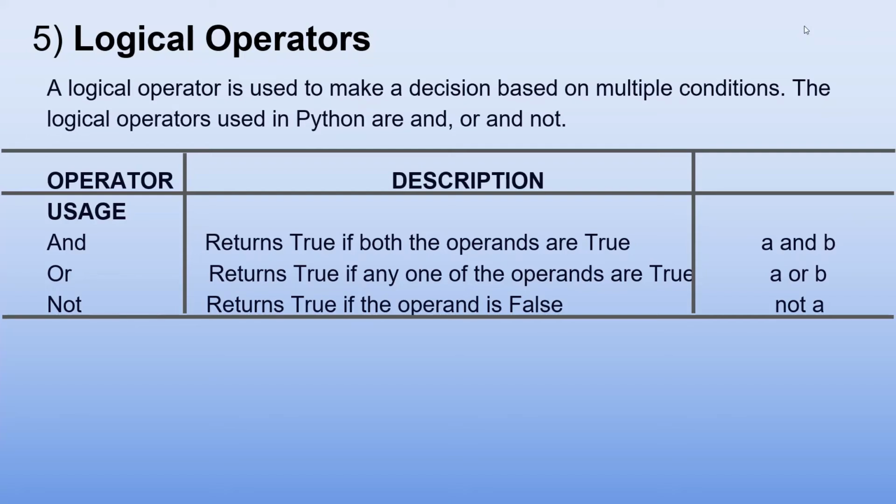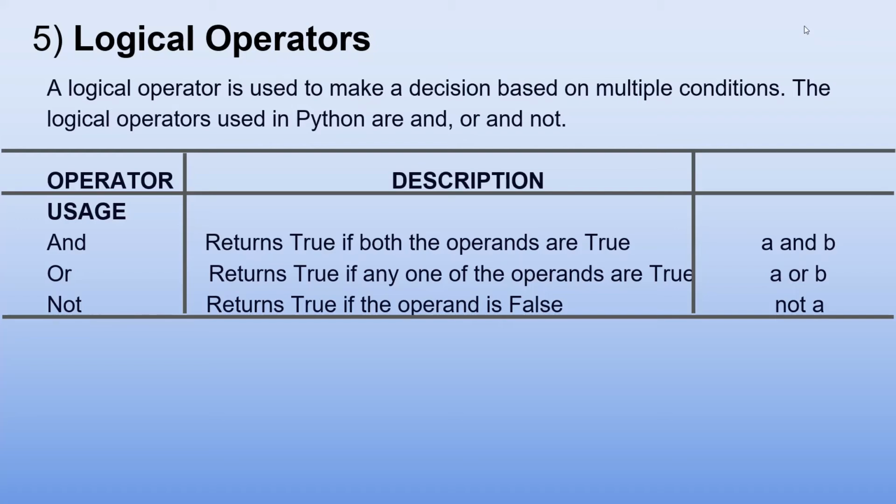So we have the column over here which goes like: AND returns true if both the operands are true. If we consider A as our first operand and B as the second operand, now we are using the AND operation. Now we know that AND is A times B. So if both are true, then the answer we will get is true.